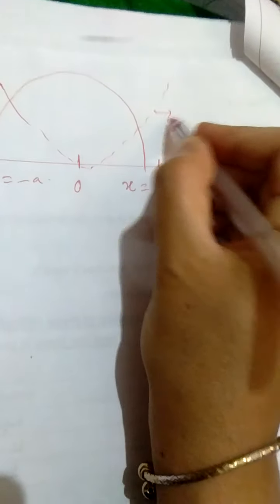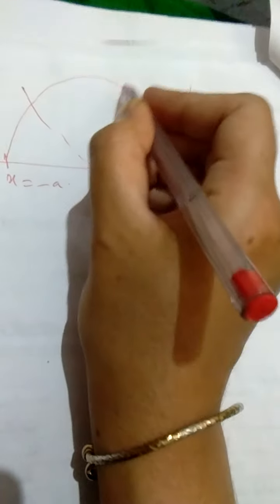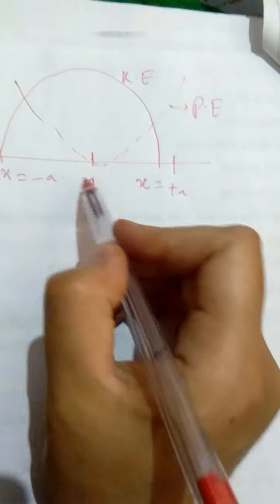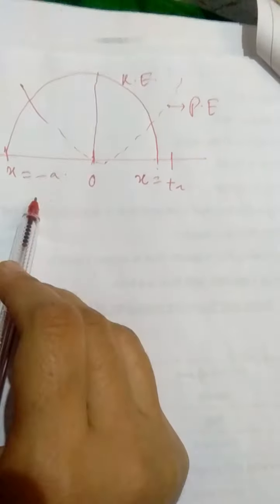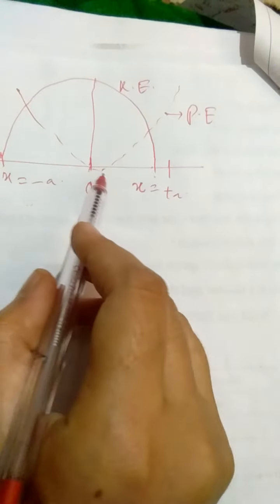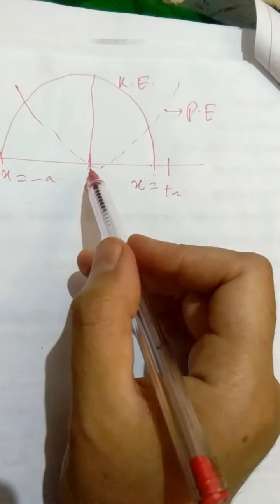So this is for potential energy and this curve is for kinetic energy. We know kinetic energy is maximum at mean position and it is minimum, that is zero, at extreme position. Consequently, potential energy at this position will be zero, and at the extreme positions it will have a maximum value.